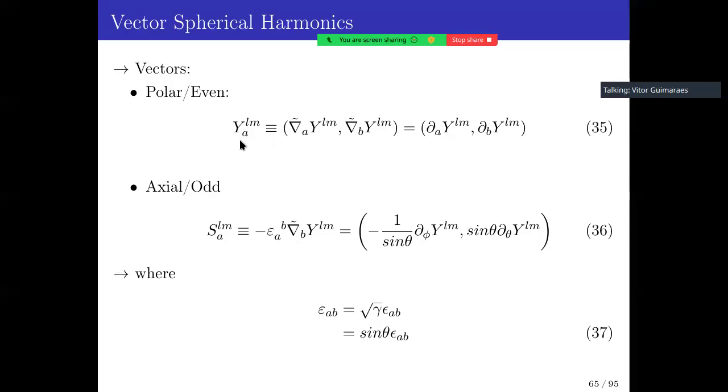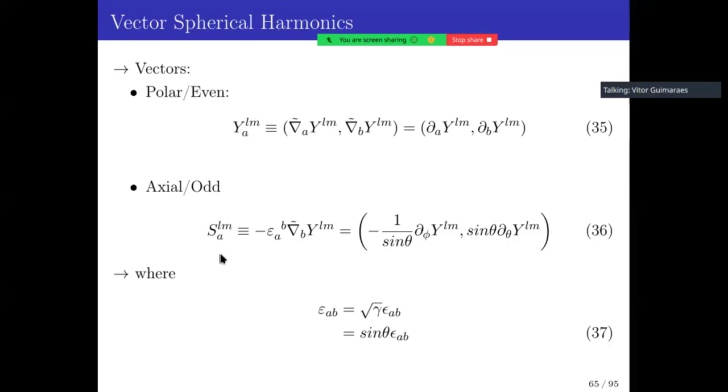But yes, this should be theta and phi here instead of A and B. It makes no sense as is, but okay. So yes, here we have it for the odd vector. You take the covariant derivative with respect to phi of the scalar and with respect to theta, and you form this vector, right?